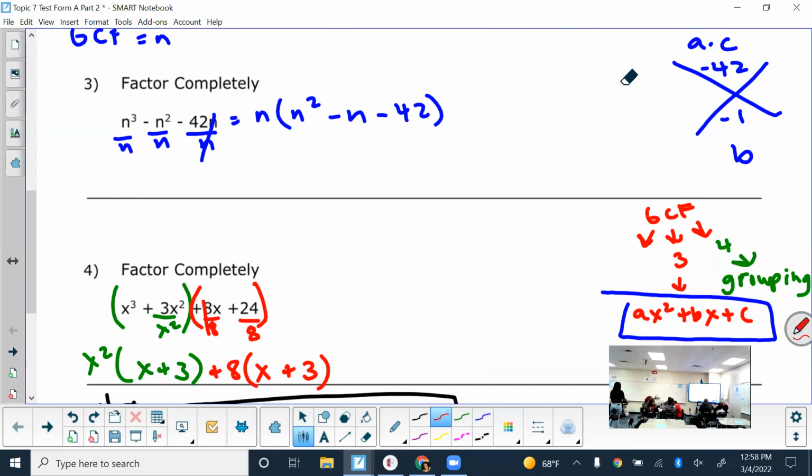Negative 7, positive 6. Good. That's the winning combination. And the negative has to be on the 7. Some of you put it on the 6, but it has to be on the 7 so that when you add, you get a negative number. All right. Write your final answer. Plus 6. Questions on number 3?